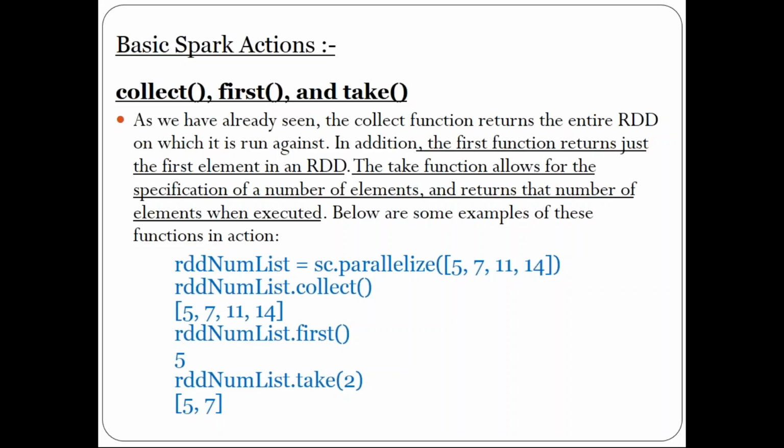Means until and unless an action is asked to implement, the work that is done by Spark in memory processing will be a kind of scan of what it should do, but not actual work. I repeat that.